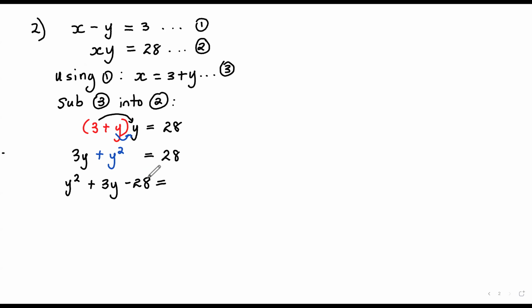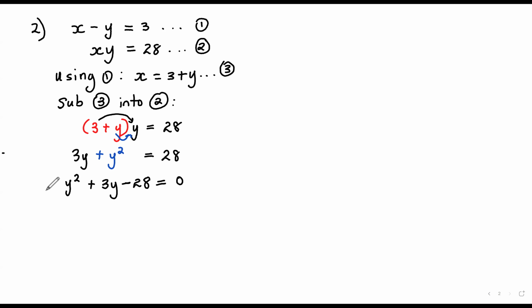Or you could consider it as subtracting 28 from both sides. So this will be y squared plus 3y minus 28, and then 28 take away 28 is 0. Now the quadratic is in the form that you can either solve it by the quadratic formula, solve it by factorization, or even by completing the square.